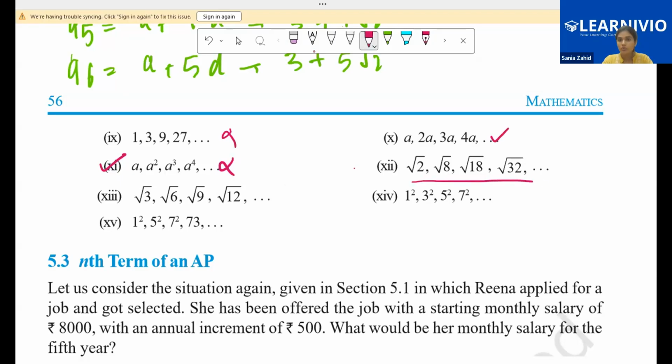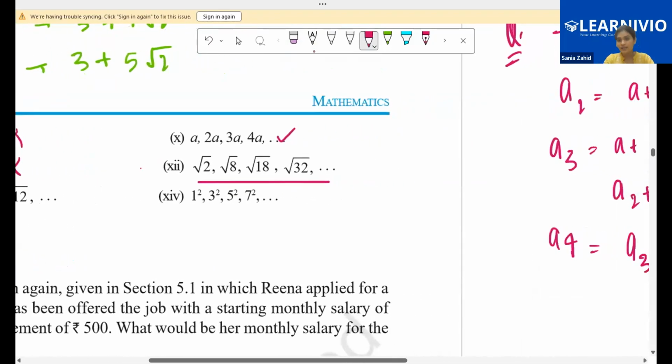Okay, now this one, root 2, root 8, root 18. Now you might say that, ma'am, we cannot subtract these either. Right? How can you subtract root 8 minus root 2? But if I open up root 8, what is another way of writing root 8? We can also write root 8 as 2 root 2. You know how?